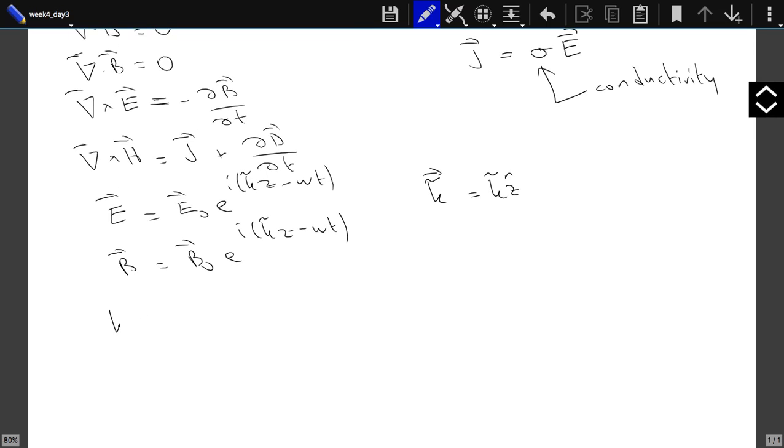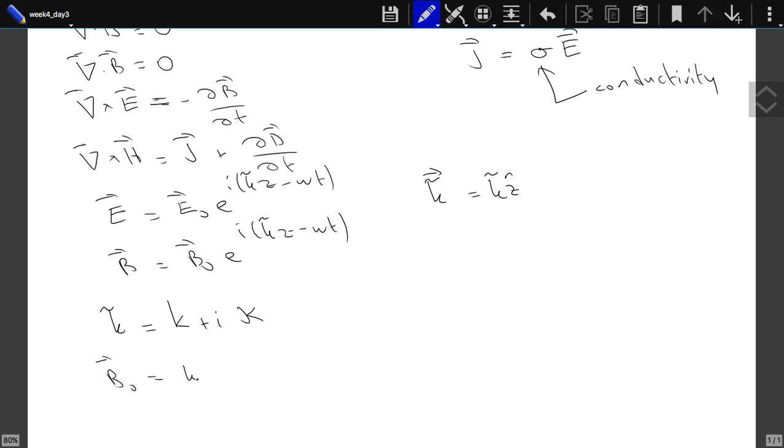And it just turns out that this k tilde is not a real number in the case of a conductor. It has a real part, which is the actual wave vector, plus i times kappa. Now B0 and E0 are related through this k tilde vector.